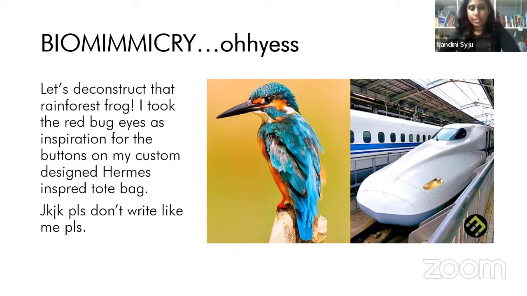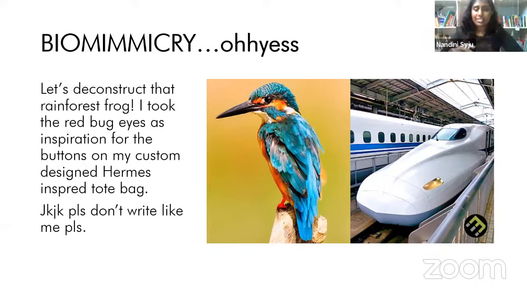So this is quite interesting. Biomimicry, right? A few years ago in our NID question paper, this example came. This is the kingfisher, and that is the bullet trains of Japan. This is one example of biomimicry where the designer has taken inspiration from nature to bring forward an element.